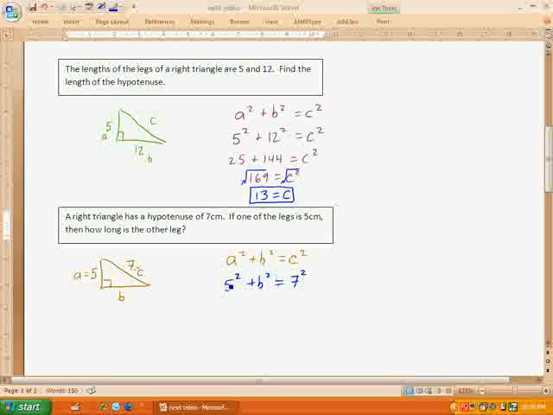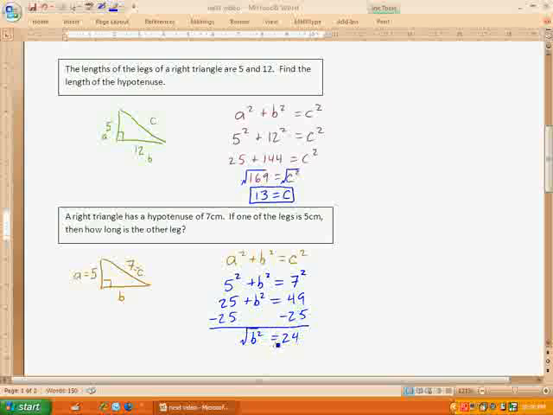Now you'll notice if I had chosen to call 5 b, then it would have been a squared plus 5 squared, which is the same thing. And so I'll get the same answer either way. 5 squared is 25, plus b squared equals 49. Now, of course, I want to get the b squared by itself, so I'll subtract the 25. We did this a couple of lessons ago, solving for a squared term. And so 49 minus 25 is 24.